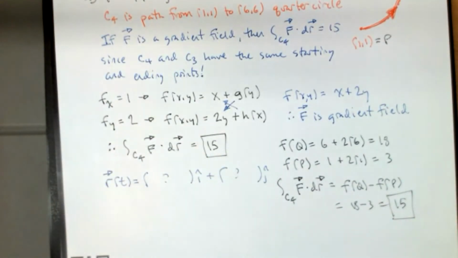We're going to have to figure out a way to get a circle of radius 5 with the center at, looks like, (1, 6).